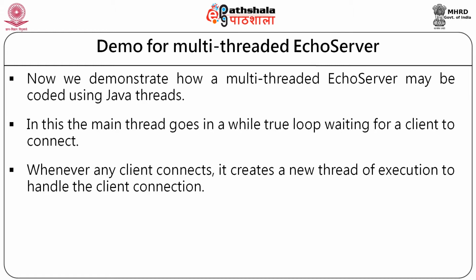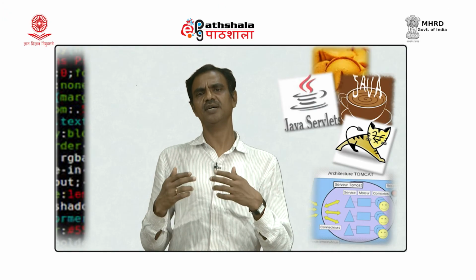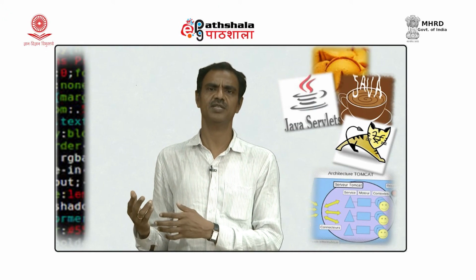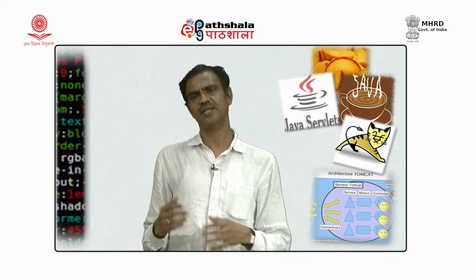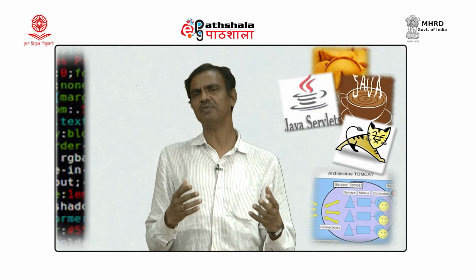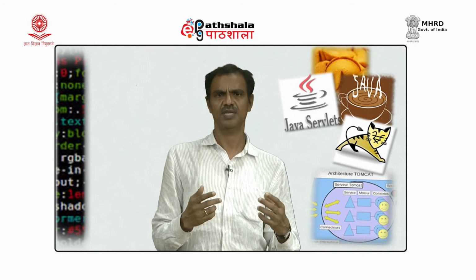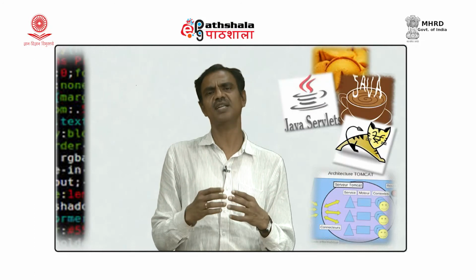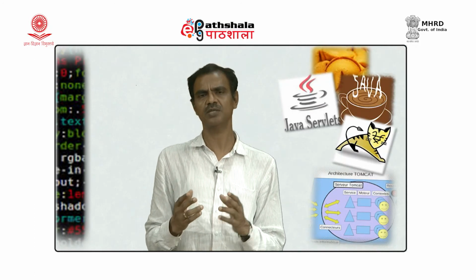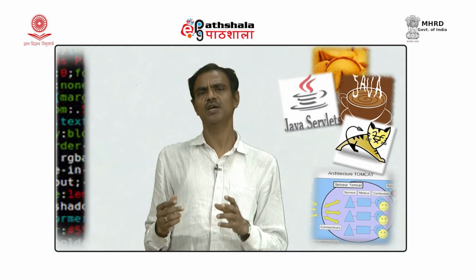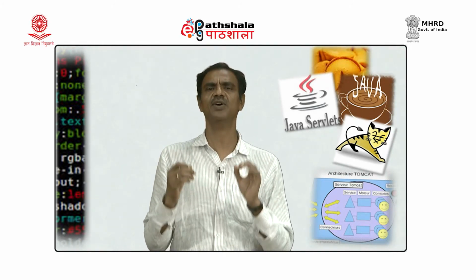The main thread is not going to handle the client, it is going to create a new thread of execution which can handle that client. So it will be in a while true kind of a loop, just waiting for a connection. When a connection comes, it would simply create a new thread of execution to handle that connection. The second part would be the handling part: what is the task to be carried out in that separate thread of execution? So, we will have a separate class called EchoHandler, which is just used for handling one client.